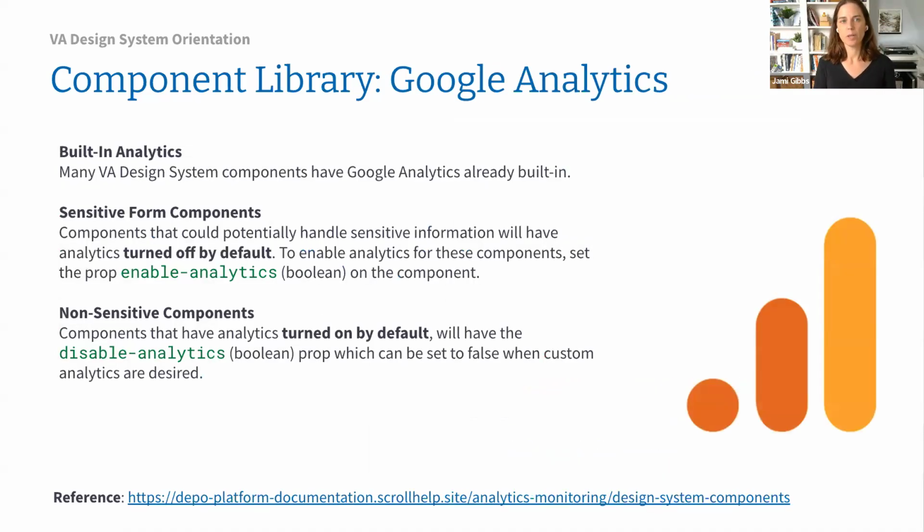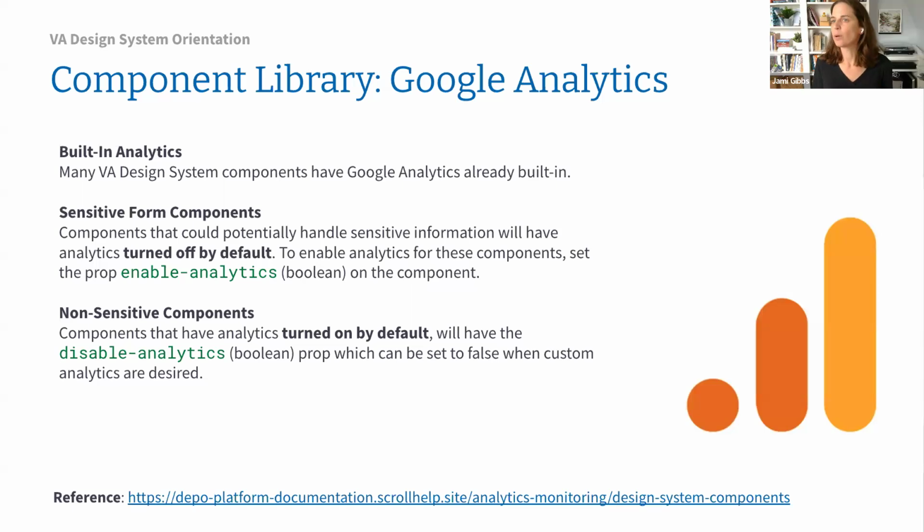Okay, so I want to touch a little bit on the component library's Google Analytics situation. Many of the design system components do have Google Analytics already built in. There are just two separate variations of analytics in the components. There's a group of components that are considered sensitive form components, and these are components that could potentially handle sensitive information.